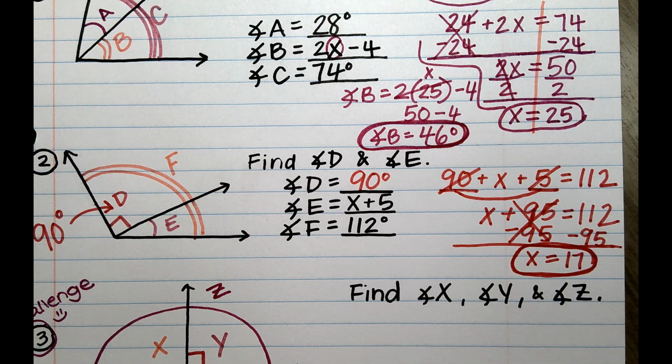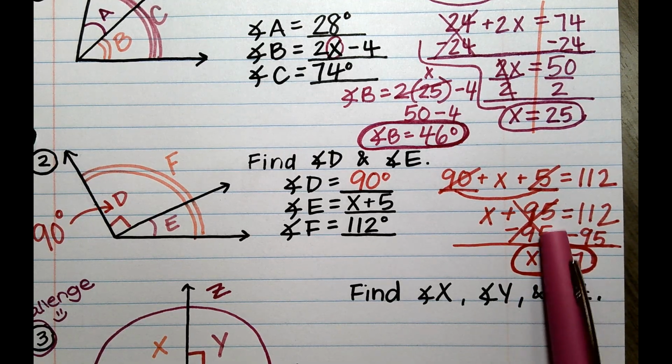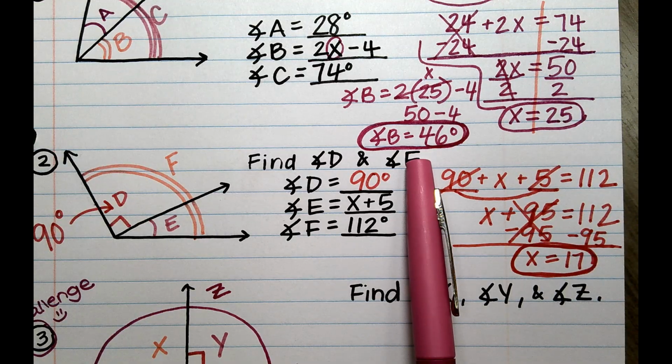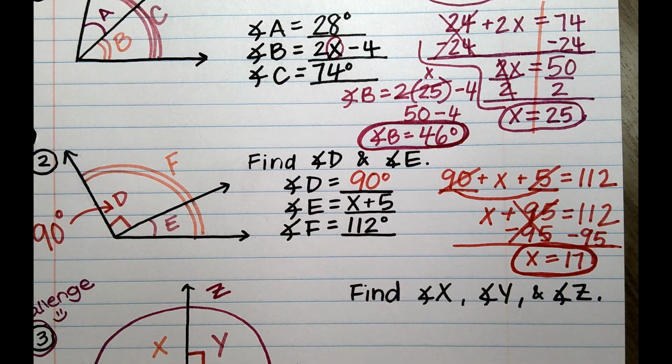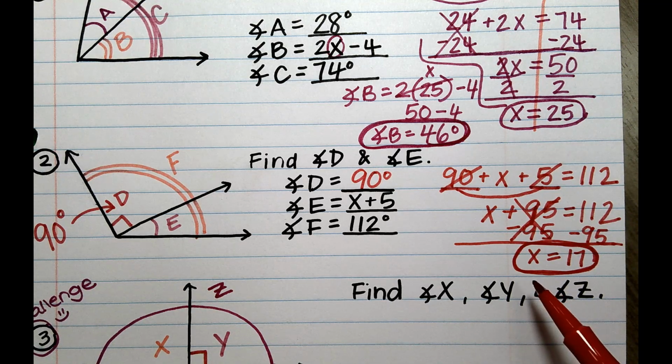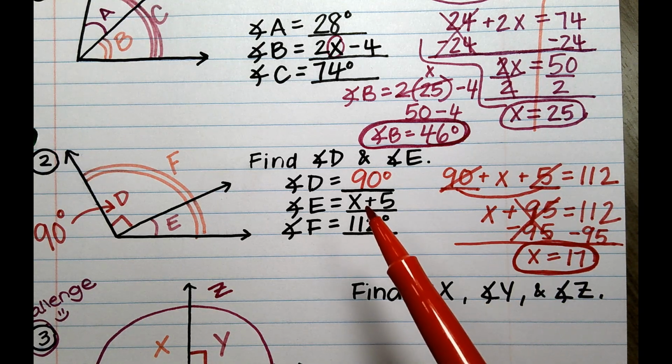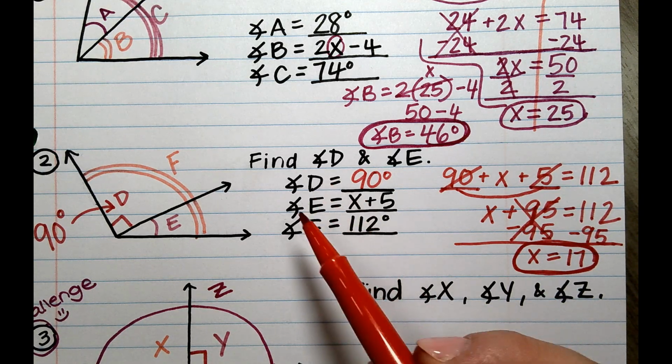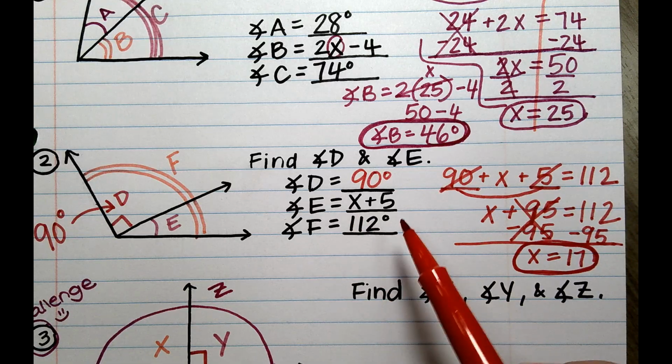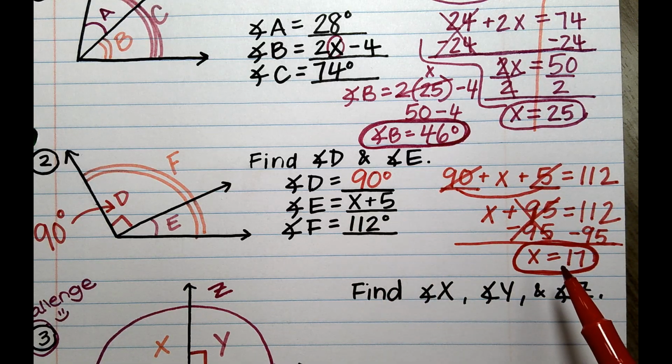Somebody else, I'd love for someone to raise their hand, someone that maybe hasn't spoken yet today. I want to hear some of your voices. Now that we know what x is, how can I use this to help me solve for the other angle I need, angle E? Kelsey. Plug your 17 into x plus 5. Yes, I know that angle E is x plus 5. I know that x is 17.